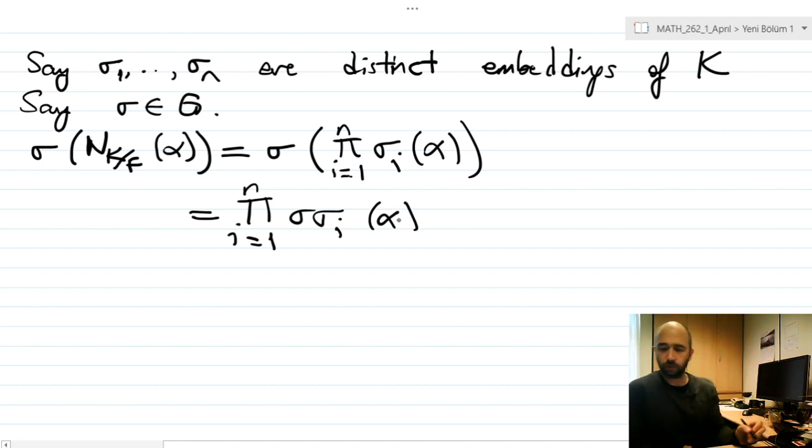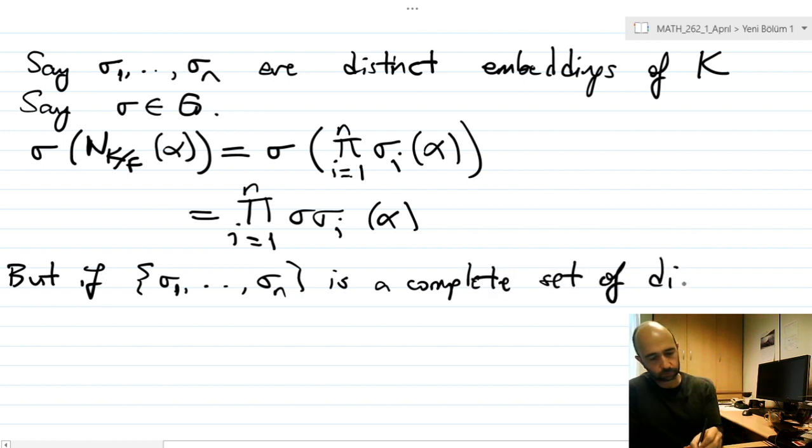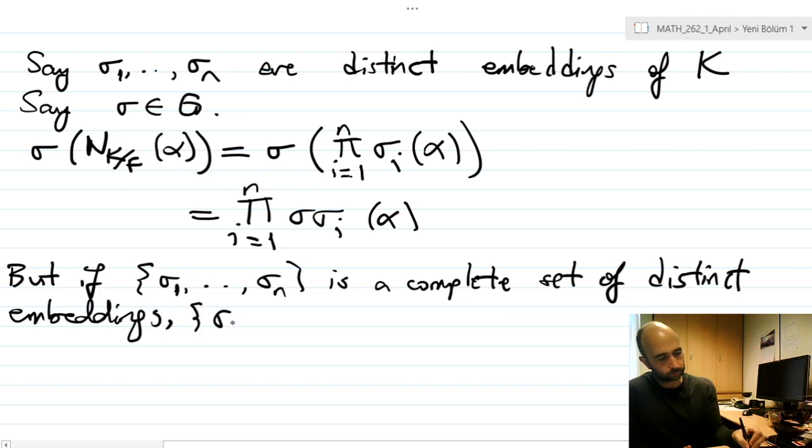But now the point is, if sigma 1 through sigma n is a complete set of distinct embeddings, then if you compose them with sigma on the left, this is just a permutation of them.